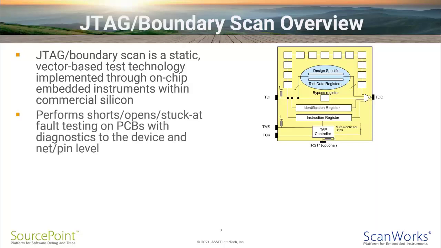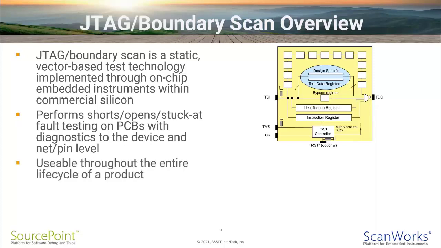JTAG boundary scan performs shorts, opens, and stuck-at fault testing on printed circuit boards, with diagnostics down to the net and to the pin level. By shifting static test vector patterns between boundary scan devices on a PCB, faults can be detected and diagnosed.